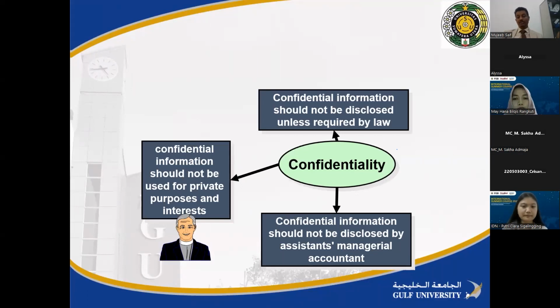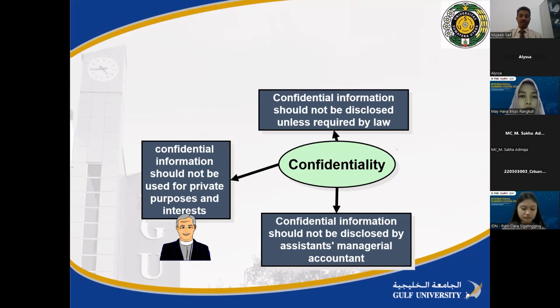So here also confidentiality is very important: we should not disclose information related to this company to other companies. Maybe I am a managerial accountant in this company. I should not disclose this information to a competitor, because maybe I have a friend who works in another organization in the same industry.